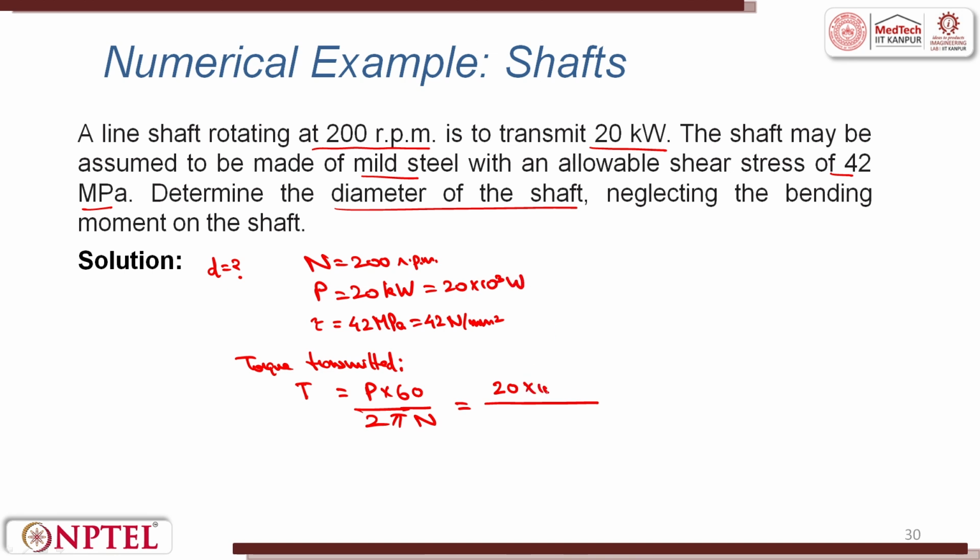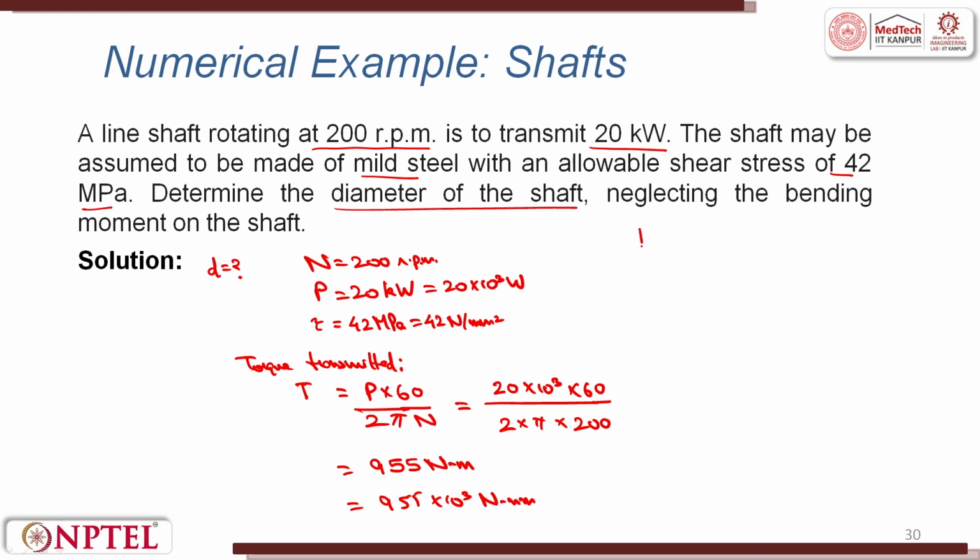So this is 20 into 10 raised to power 3 into 60 by 2 into pi into N, where N is 200. This gives me the value of the torque as 955 Newton meter, or I could put it as 955 into 10 raised to power 3 Newton millimeters. Now, I need to calculate the diameter in millimeters, that is why I converted this into millimeters.